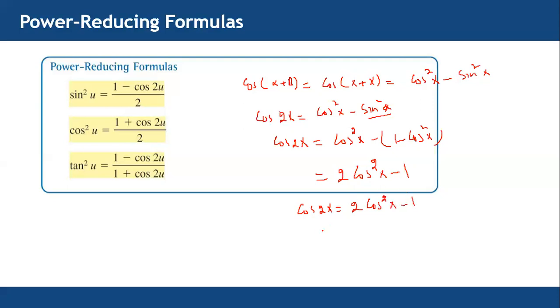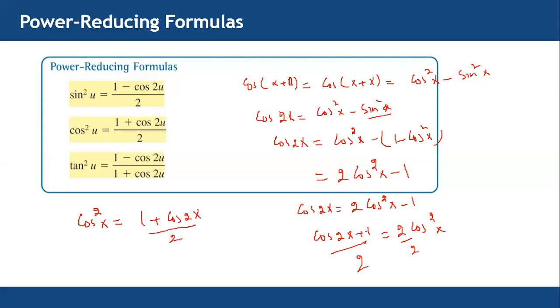If you transfer 1 to this side, we have cosine of 2x plus 1 equal to 2 into cosine square x. If you divide both sides by 2, we get cosine square x equal to 1 plus cosine 2x, divided by 2. This is our cosine square formula.